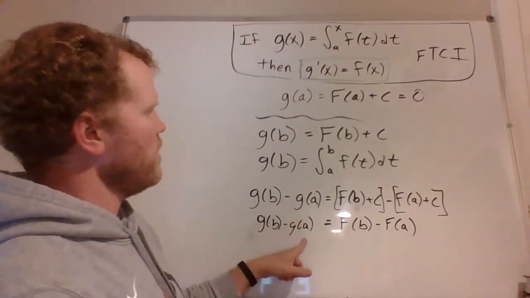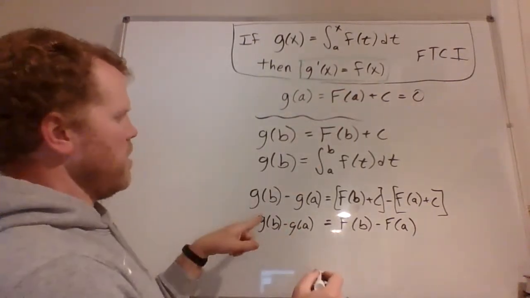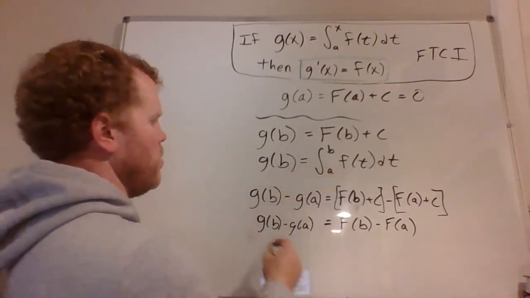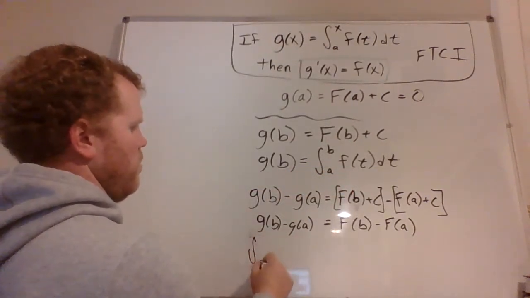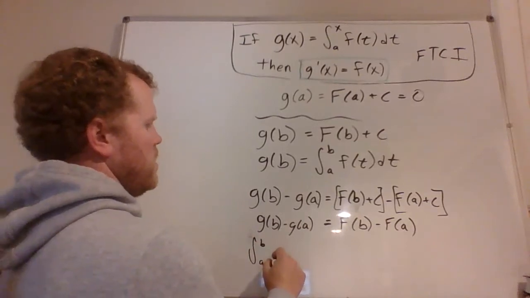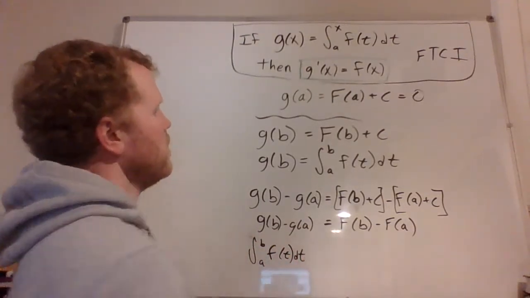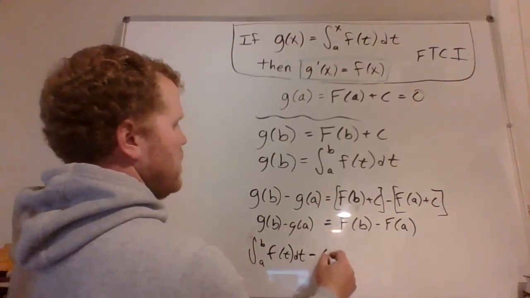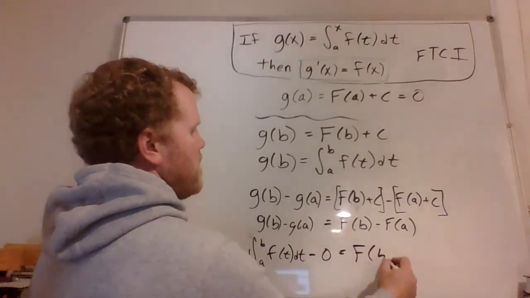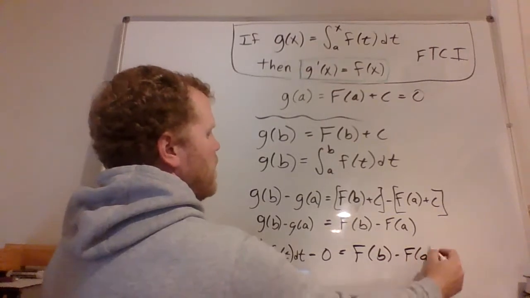But we know some more stuff about these things. We know that g of a was 0, and we know g of b was this integral, so that means the integral from a to b of some function f minus 0 equals F of b minus F of a.